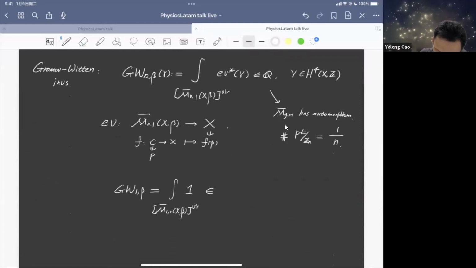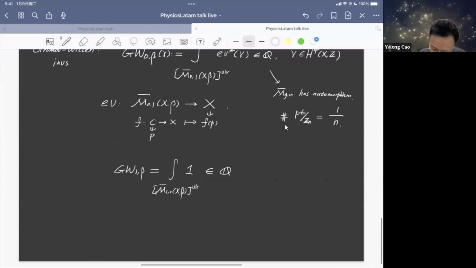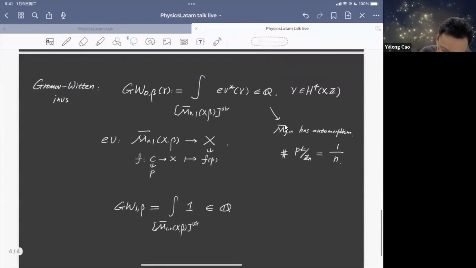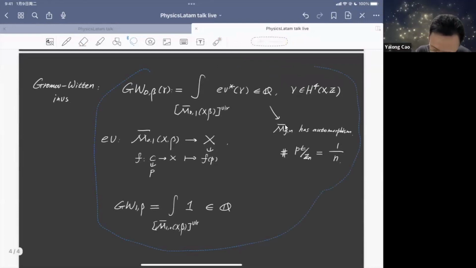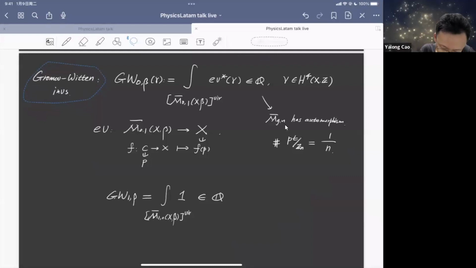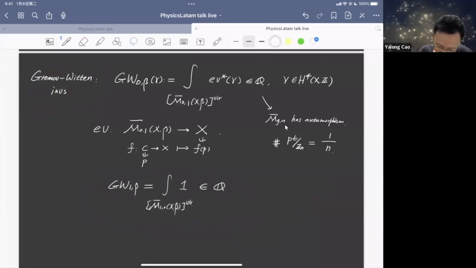So now this also defines some rational numbers. Okay, so as I said before, in the Calabi-Yau 4 case, you can only consider genus 0 and 1. There are no higher genus invariants. Or in other words, higher genus invariants vanish.